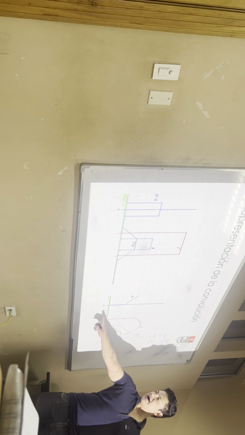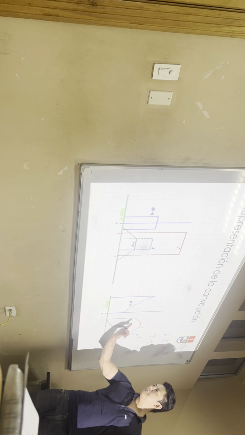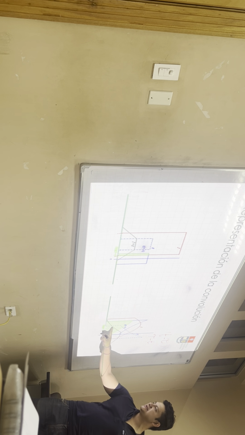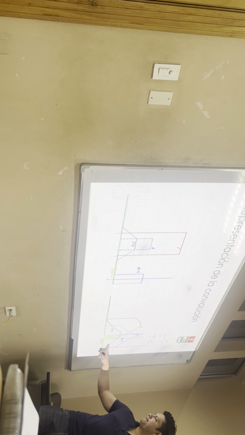And depending on the value of t, this function can move in time. Once it multiplies the other one, an area is created, and you can see that the area starts increasing and eventually starts reducing. The area under the curve is the integral of the product, the thing that we are analyzing here. And this is convolution. If you don't get it, don't pay that much attention, because you just need the definition of it.